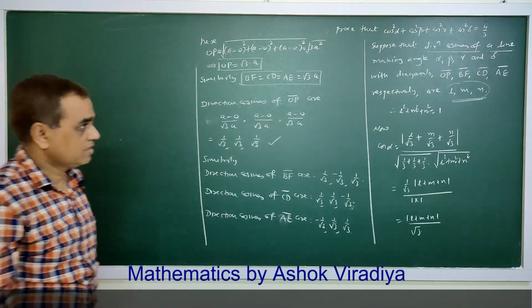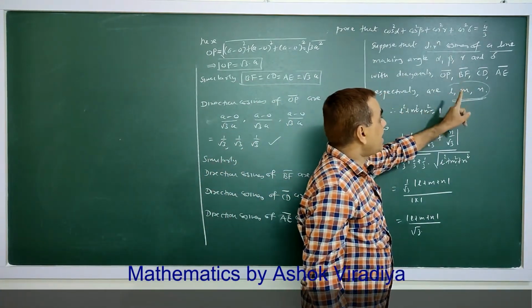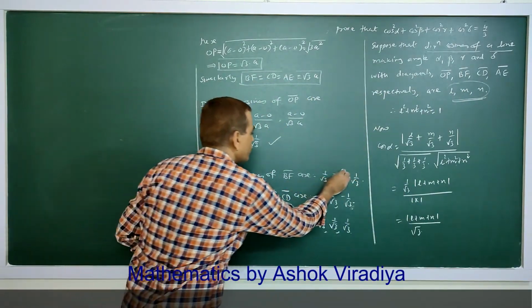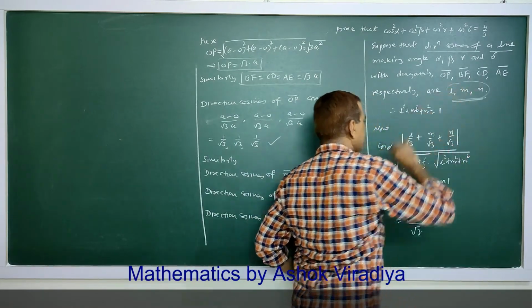Now see, beta is the angle between the line and BF. These are direction cosines of BF, these are direction cosines of that line.